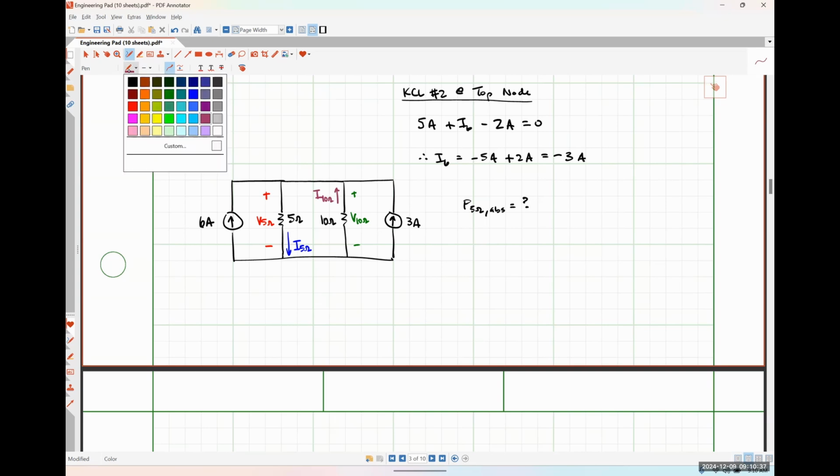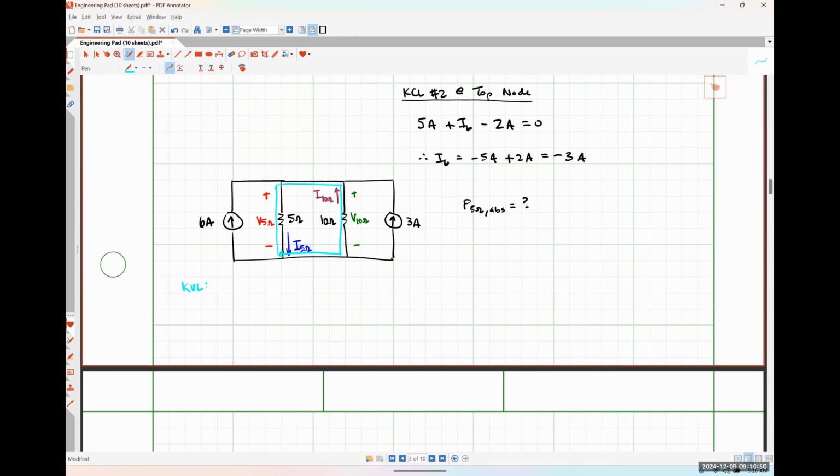So if I were to apply Kirchhoff's voltage law around this particular path, what would I get? Negative V5 plus V10 is equal to 0, or V5 is equal to V10.